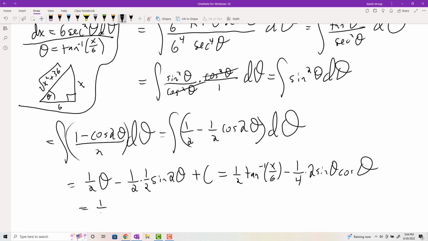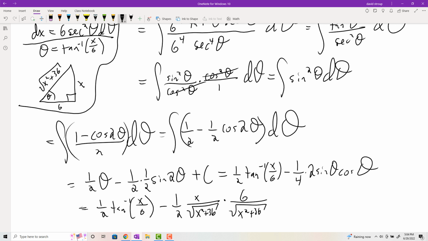All right, so you'd have 1/2 tan inverse of x over 6 minus 1/2 sine times cosine. So sine is opposite over hypotenuse, like that. And then cosine is adjacent over hypotenuse. If you want to, you leave it like that. That's fine. I don't mind.